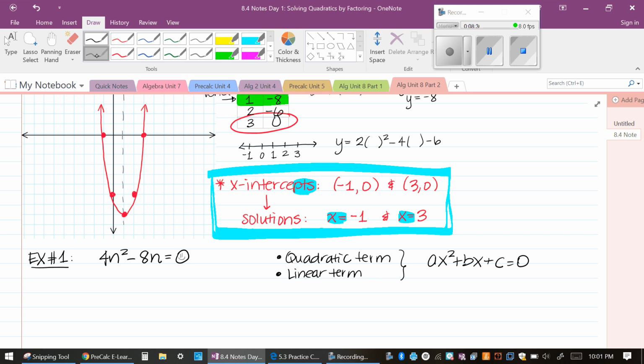So our directions for this is factor and solve, if possible. Okay, this is a binomial. Always check for GCF. If you notice, these have a GCF of 4n.